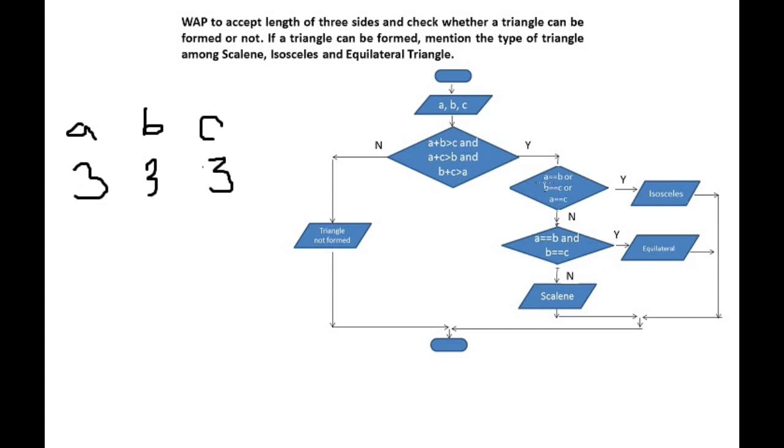So the first condition here satisfies. So in fact, even if I don't check the rest too, I can straight away say that the gross result of this whole compound condition is true. And if it is true, what should it display? Isosceles. So is it going to make an isosceles triangle? No. It is basically an equilateral triangle.